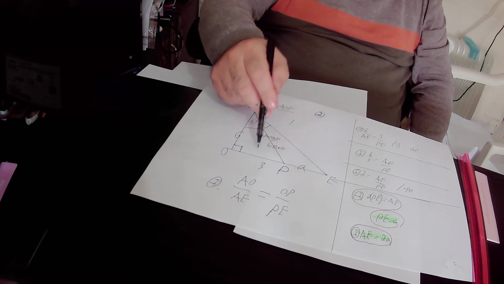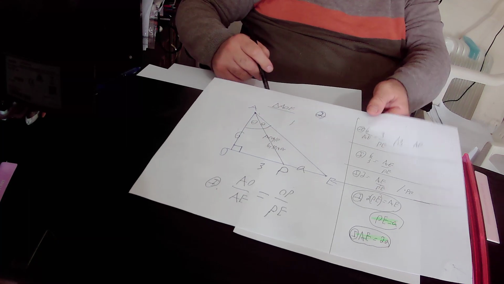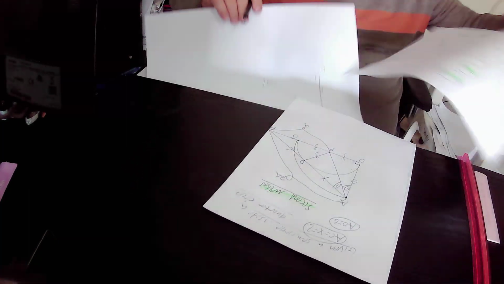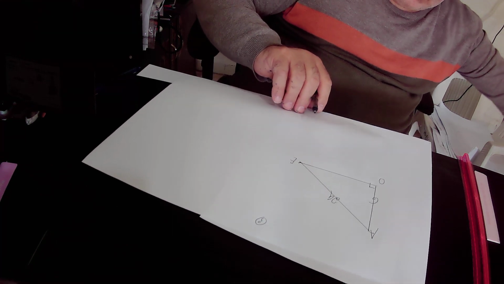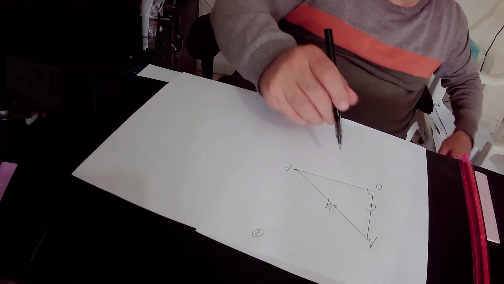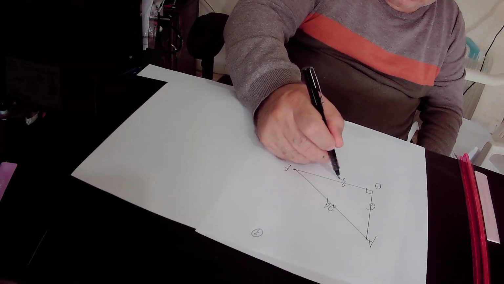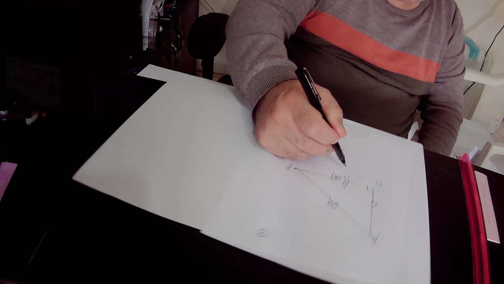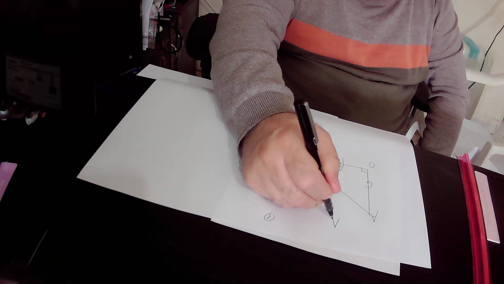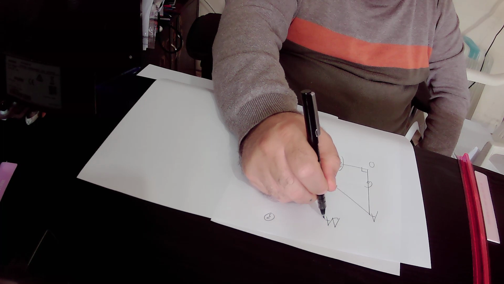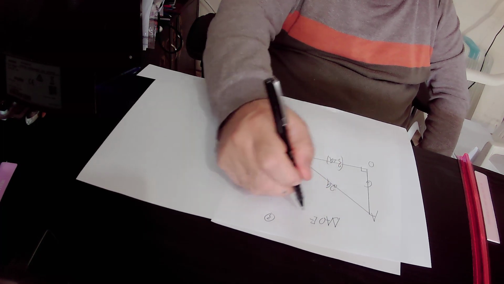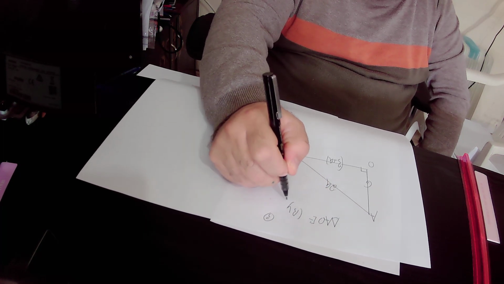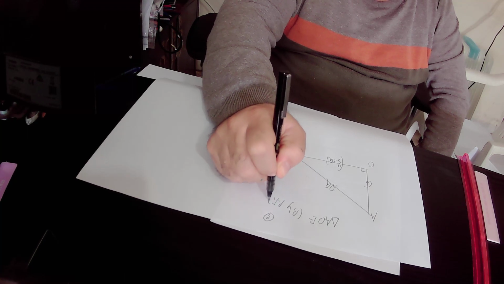Okay, OE equals 3 plus a. So I can write down here that side OE of the right triangle AOE equals 3 plus a. This is the right triangle AOE. We will implement the Pythagoras theorem on the right triangle AOE.